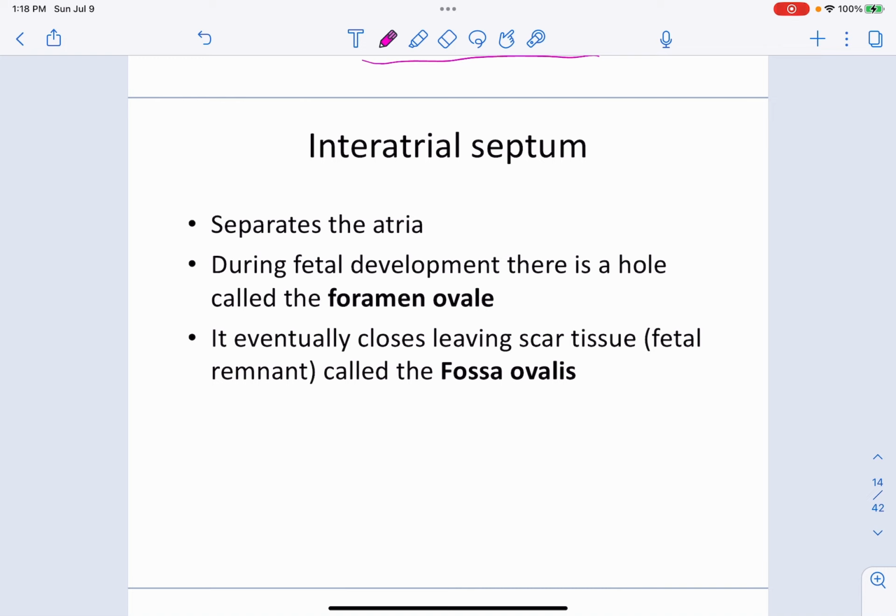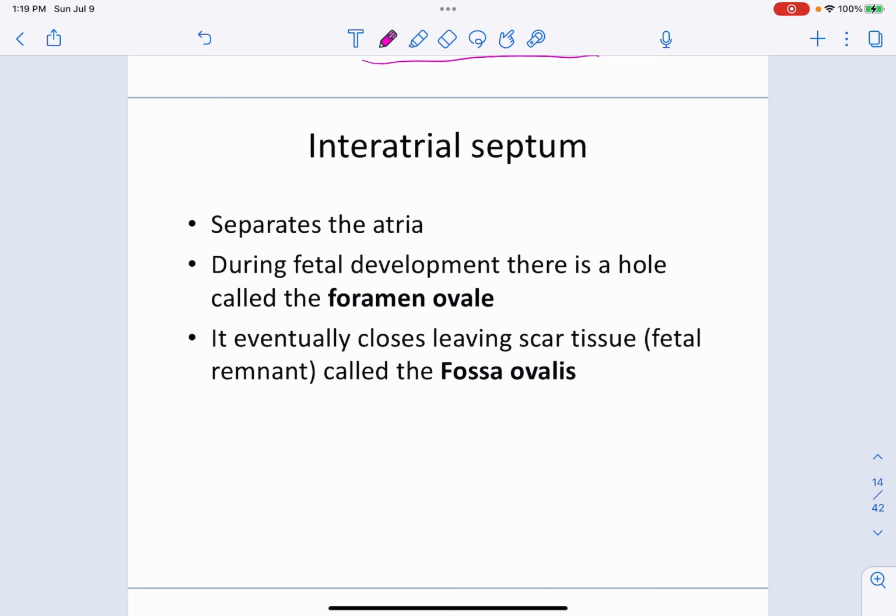So again, the right ventricle normally sends blood to the lungs through the pulmonary artery, but we don't need this to do that. So we bypass the lungs, and this bypass happens at the foramen ovale, so that blood can go through the right atrium and the left ventricle, and then to the rest of the body. So what's happening is that after birth, that hole needs to close up.